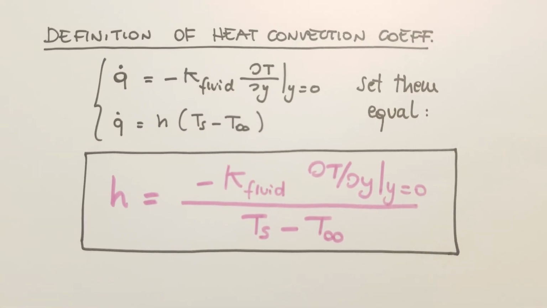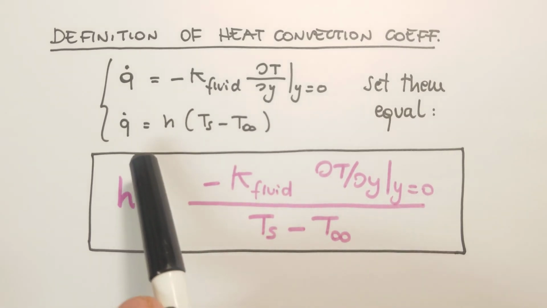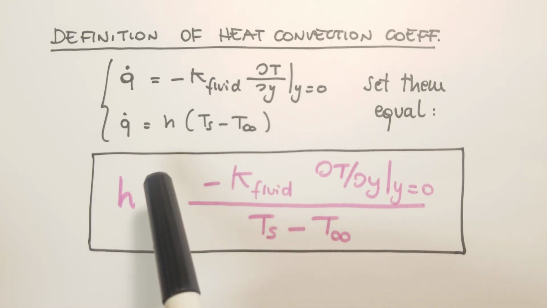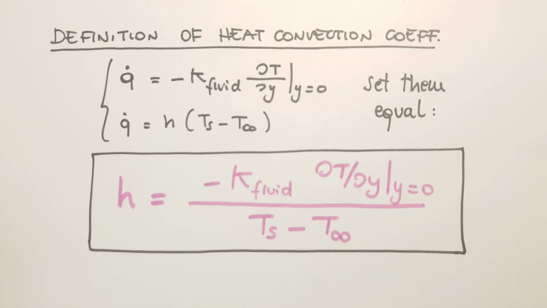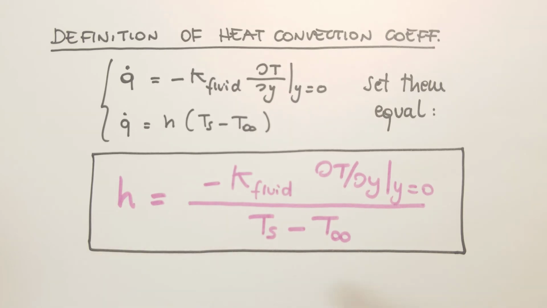We can now combine Fourier's law of conduction for the particles that stick to the surface with this expression, which is Newton's law of cooling. So Q conduction equals Q convection. We set them equal to each other, and we have the definition of h.